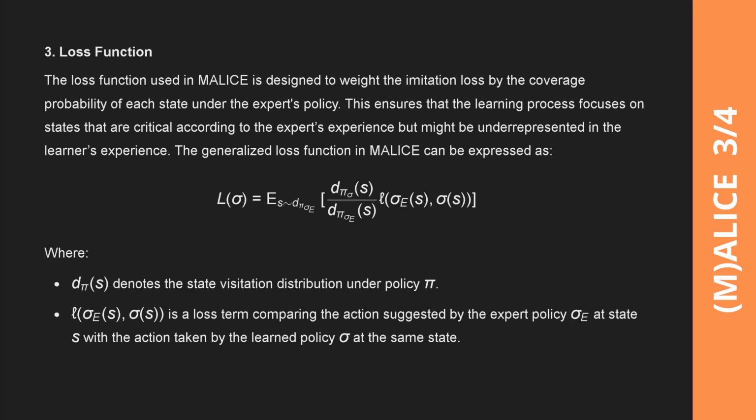Now we go from a single agent to a multi-agent loss function in MALICE, designed identically to weight the imitation loss by the coverage probability of each state under the expert policy.